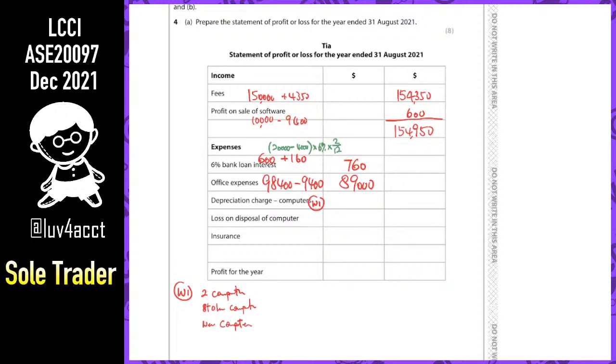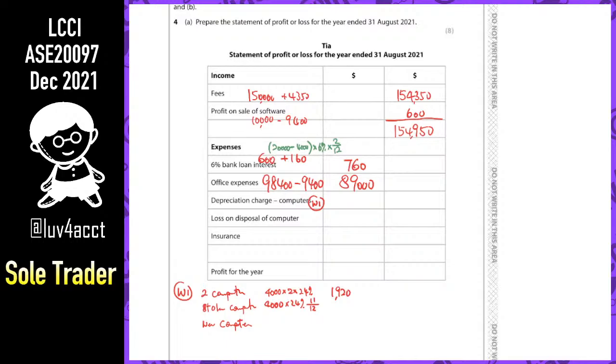Okay, so it would be 4,000 multiplied by 2 multiplied by 24%. We use it for the whole year. 4,000 to 24%, 1920. Another one, 4,000 and then 24%, but then only for 11 months.